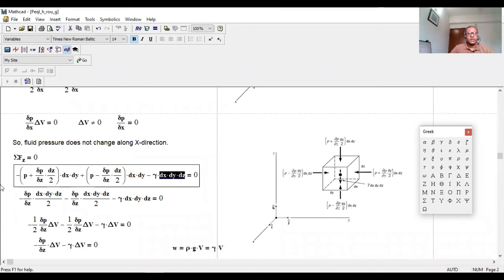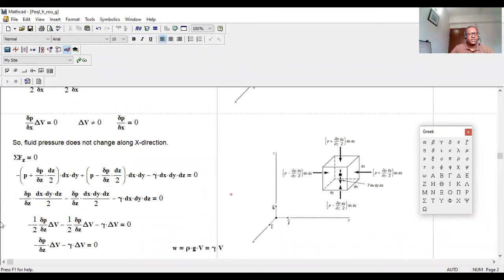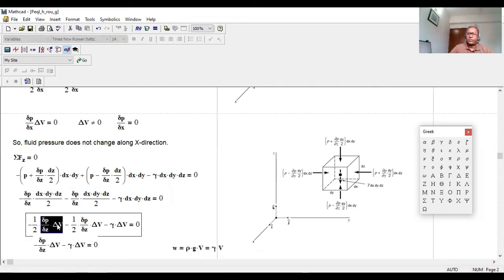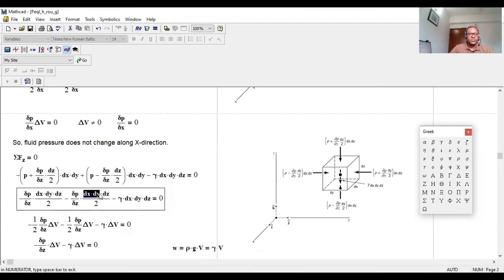Now you just multiply all the sides. If you multiply all the sides, then P will be out. So dx, dy, dz equals delta volume, del V. Right over here will be gamma into del V. So now what do you see?